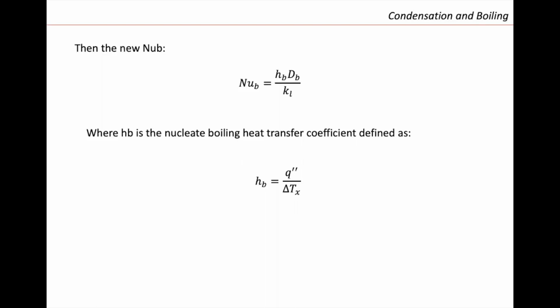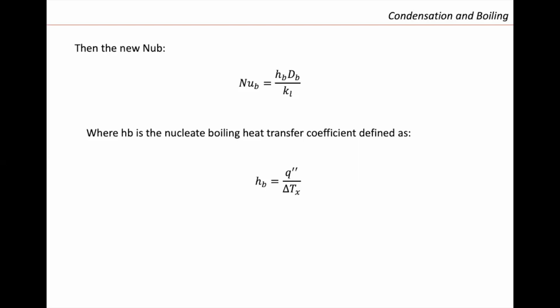This delta Tx, we already defined it, is the excess temperature. Delta T excess can be delta Te or delta Tx. In all the time when dealing with boiling and condensation, that delta T is between the wall and the saturation temperature.